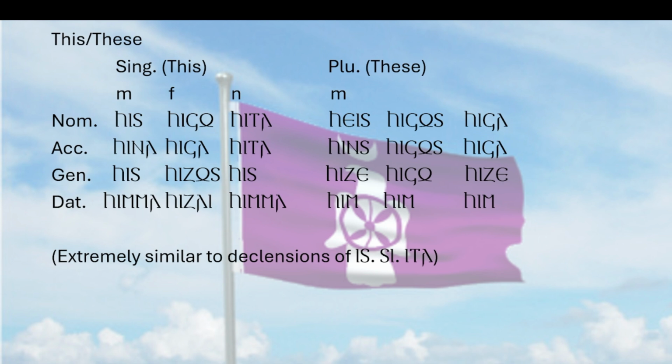Genitive masculine, his, genitive feminine, 𝐼𝑧os, genitive neuter, his. Genitive plural masculine, 𝐼𝑧, genitive feminine, 𝐼𝑜, genitive neuter, 𝐼𝑧. Dative masculine, 𝐼𝑚𝑎, dative feminine, 𝐼𝑧, dative neuter, 𝐼𝑚𝑎. Dative plural masculine, ՀIM, dative feminine, ՀIM, dative neuter, ՀIM.